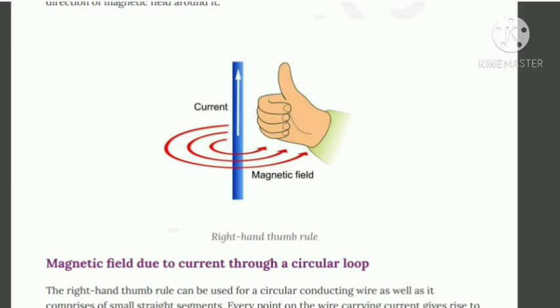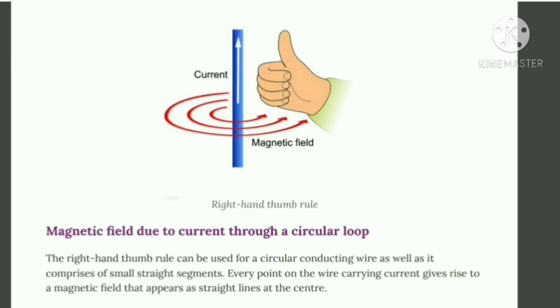So imagine that you are holding a current carrying straight conductor in your right hand in such a way that the thumb points towards the direction of the current, then your wrapped fingers around the conductor show the direction of the magnetic field lines. This is known as the right hand thumb rule.